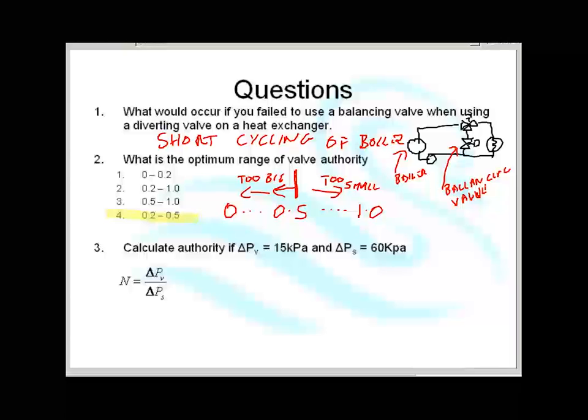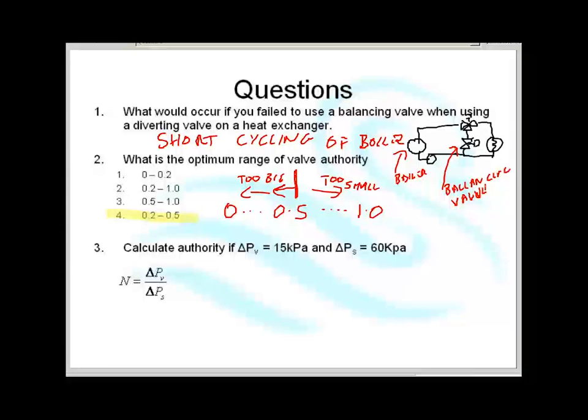Okay, third question. Calculate the valve authority if delta PV is 15 and the system pressure drop is 60.